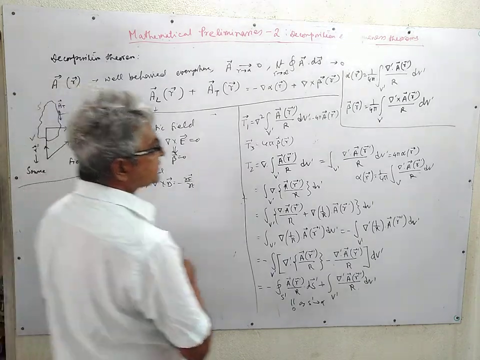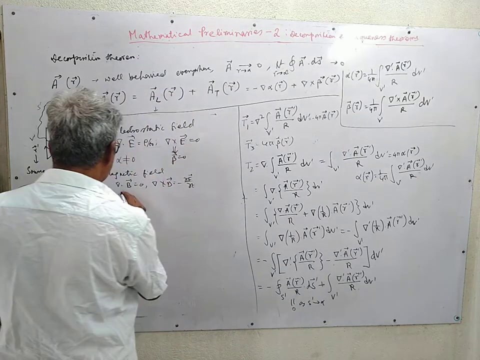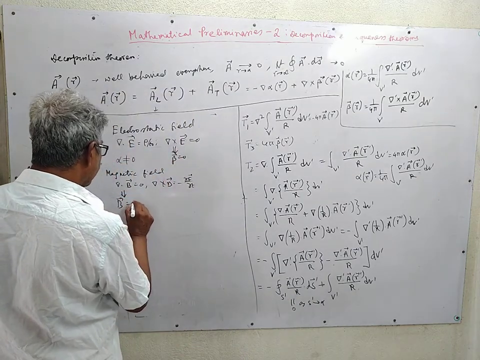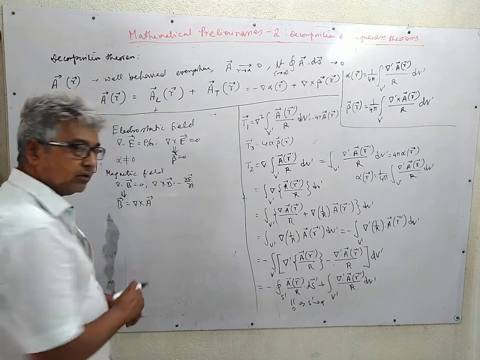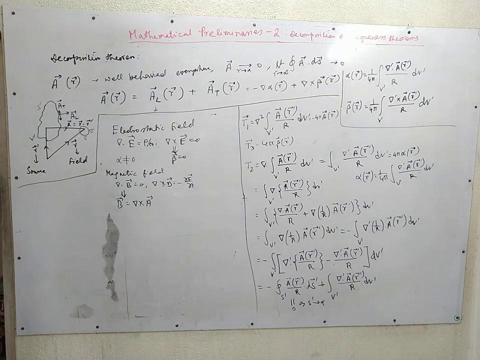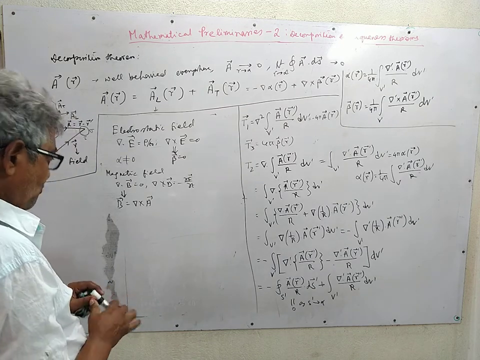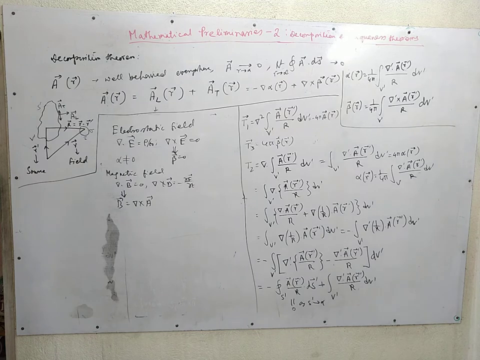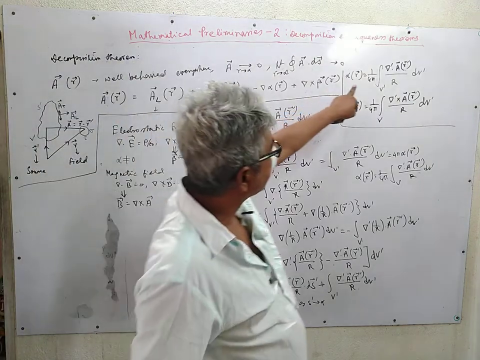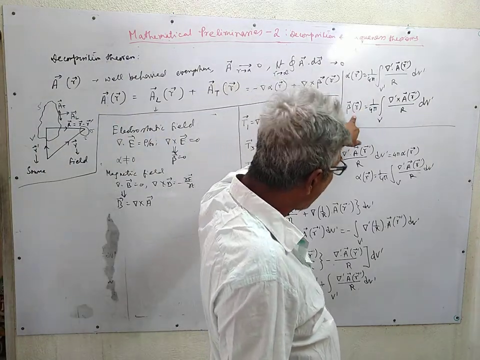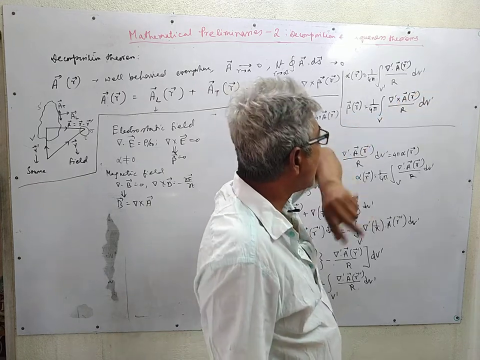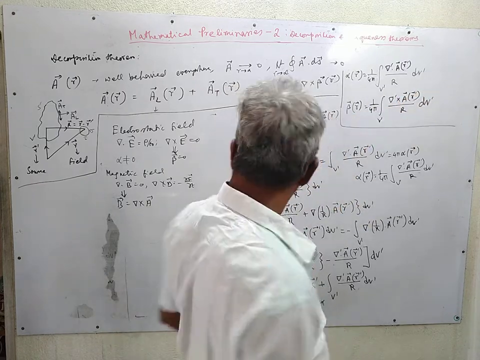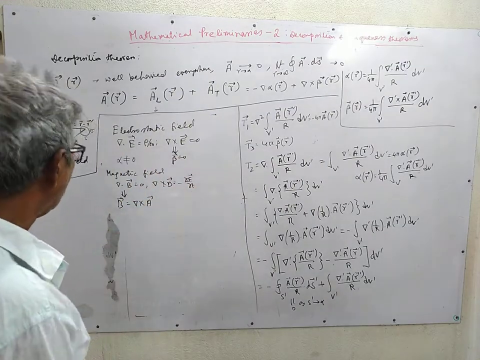Since divergence B is 0, B can be written in terms of a vector potential. Since divergence B is 0, the scalar potential is 0, but we have a vector potential since curl of B is not equal to 0.